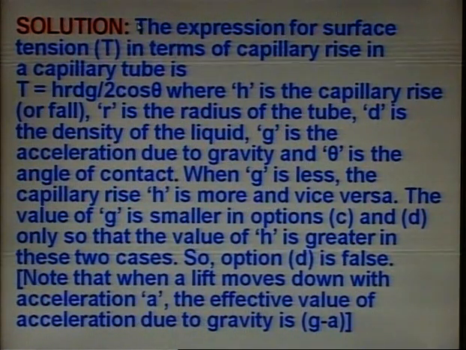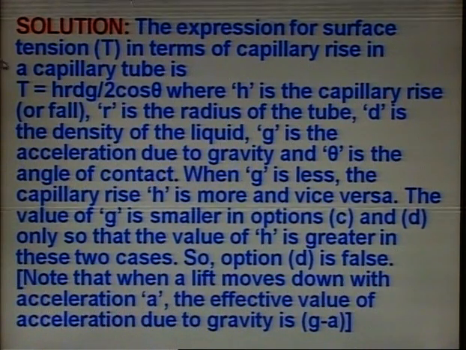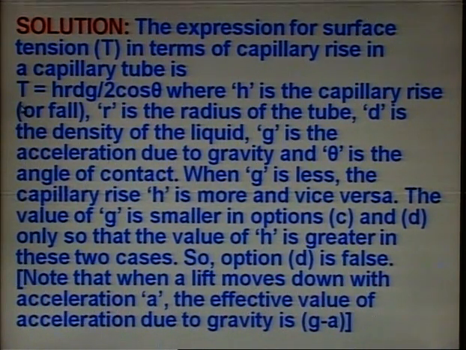So the solution is the expression for surface tension T in terms of capillary rise. This is given by this formula, the standard formula, where h is the capillary rise, r is the radius of the tube, d is the density of the liquid, g is the acceleration due to gravity, and theta is the angle of contact.